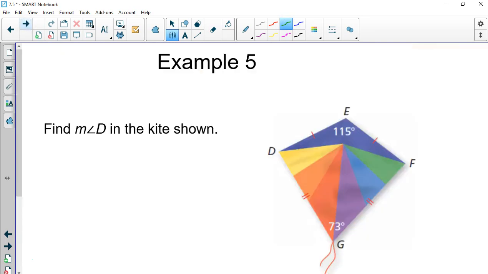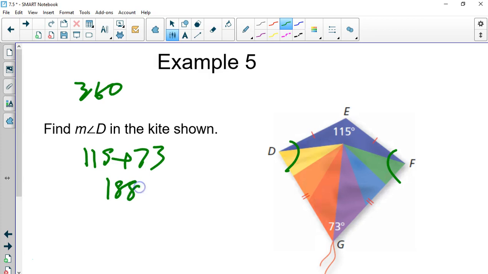Okay, so let's look at the kite. We know by the rules of a kite that this and this, D and F, are going to be equal to each other. And being it's a quadrilateral, our magic number is 360. So first off, we're going to add 115 plus 73. And we're going to get 188.